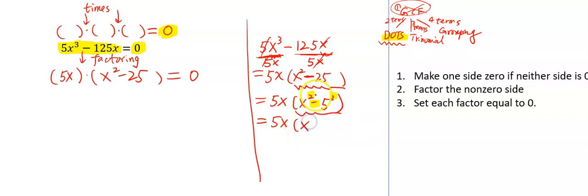Since we have 2 copies of x, 1 in the first box, 1 in the second. We also have 2 copies of 5, 1 in the first and 1 in the second. Also, we need to generate this minus using multiplication, so we have to make sure 1 is plus, the other is minus.